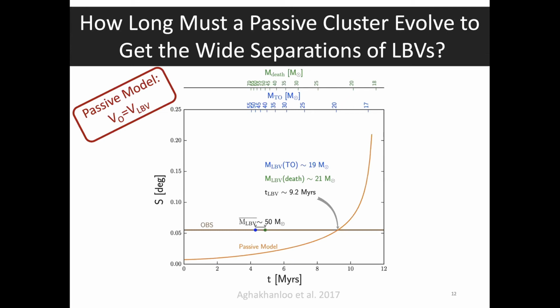Here we have separation as a function of age. The orange curve is our passive dissolution model, and the brown solid line is the observed average separation of LBVs to the nearest O star. If LBVs are single stars, then they reach the observed separations around 9 million years, which corresponds to an initial mass of around 20 to 21 solar masses.